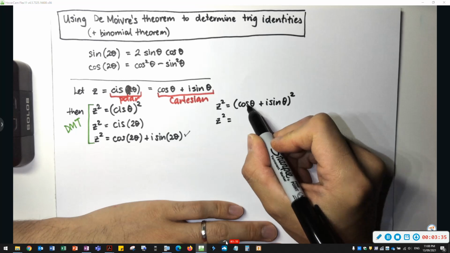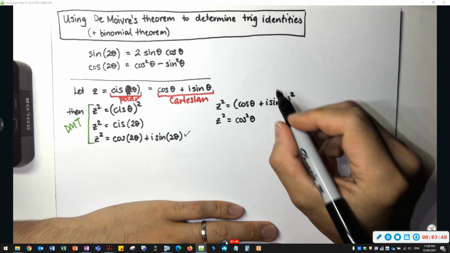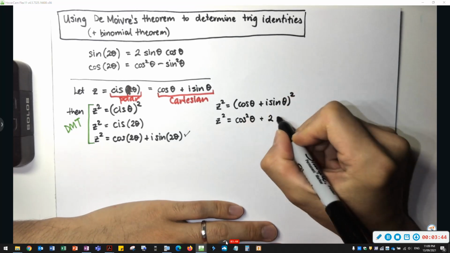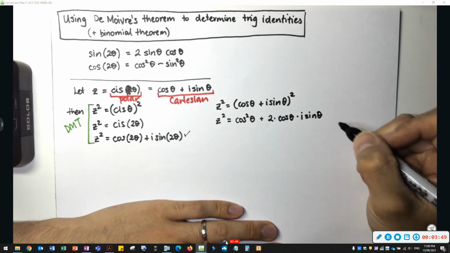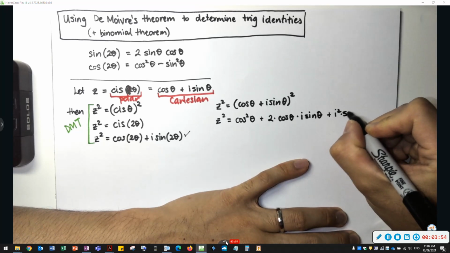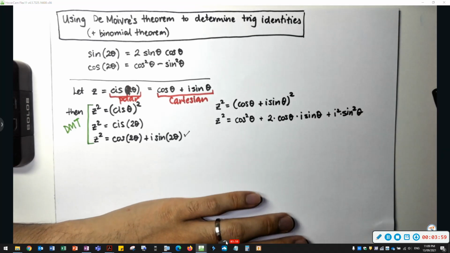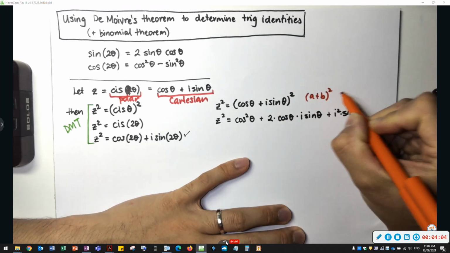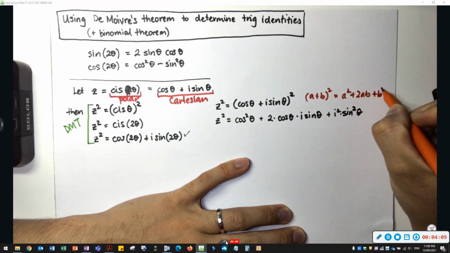So it's going to be cos squared theta, and then plus 2 lots of cos theta and i sine theta, and then finally plus i squared sine squared theta. I'm just using the rule (a plus b) all squared equals a squared plus 2ab plus b squared.